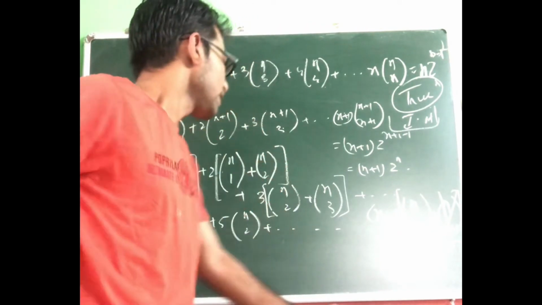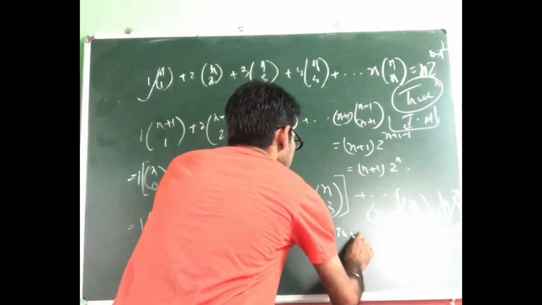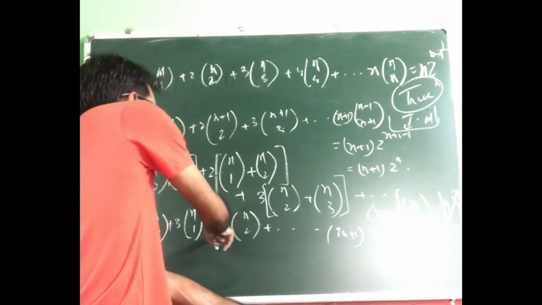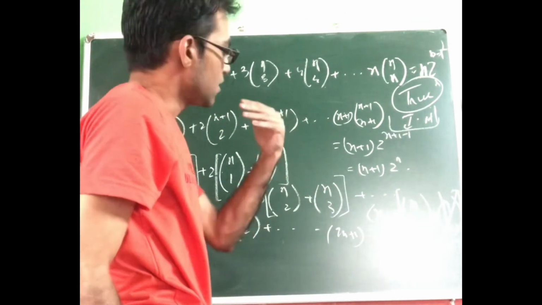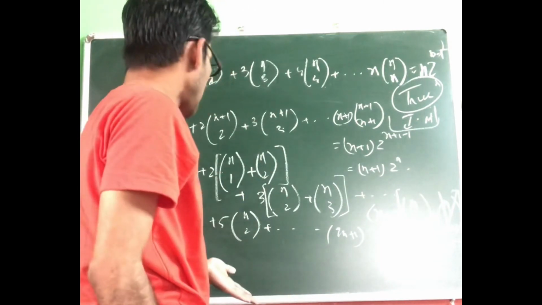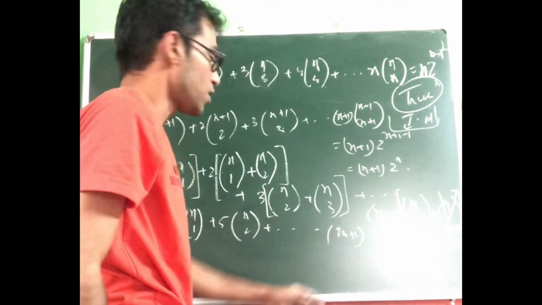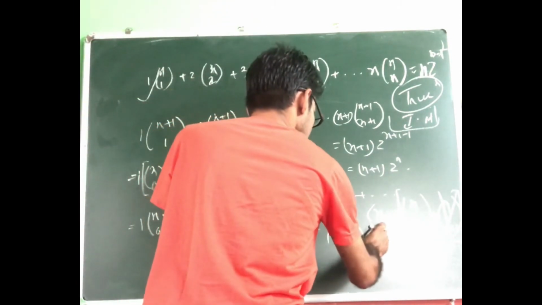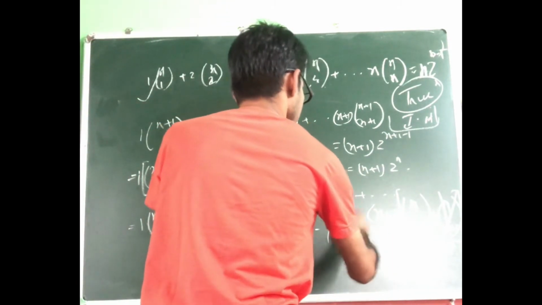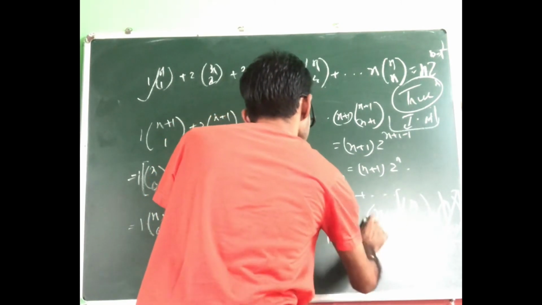So we'll get 2n plus 1, using the fact that 1, 3, 5 is basically an odd number series, so it's of the form 2n plus 1, and here I will have n choose n.